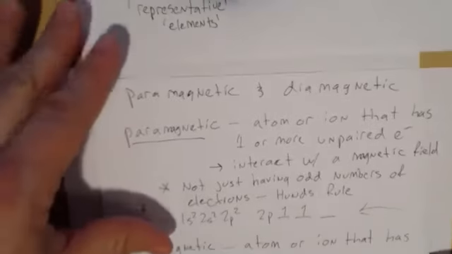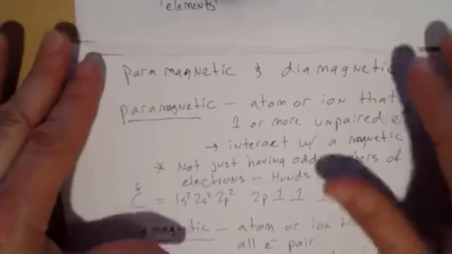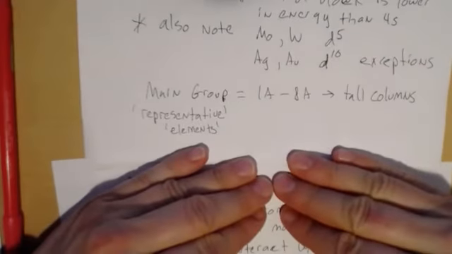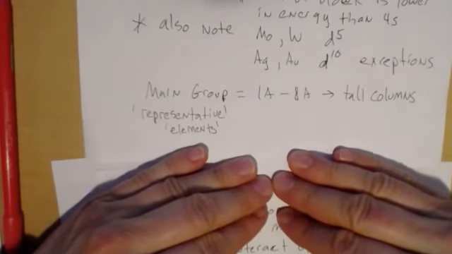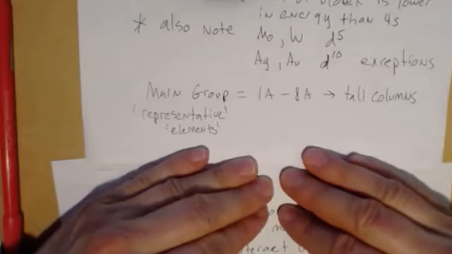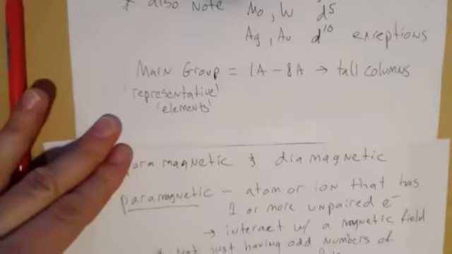And so there's some filling patterns. Before I do paramagnetic and diamagnetic, representative elements are usually filling the S and P blocks. The transition metals are filling the D, and the inner transition, the actinides and lanthanides, are filling the F, right? And you have to be specific when you answer those questions.